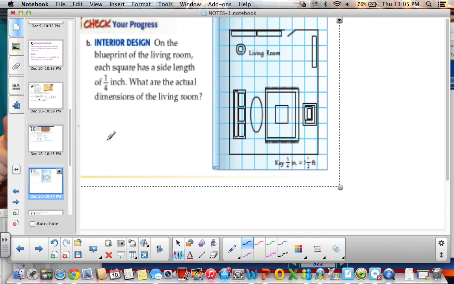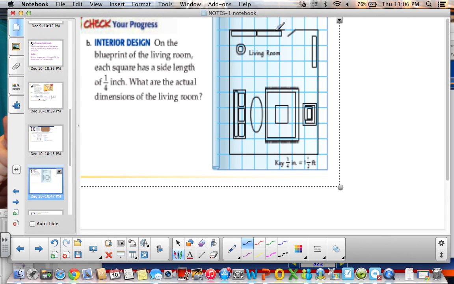Alright, so if we have a blueprint of a living room, each square has a side length of 1/4 inch. So it's telling us that each side of our living room, or each square, is 1/4 inch. And this is on the map here. So we know that on the map 1/4 times 4 would be 1.